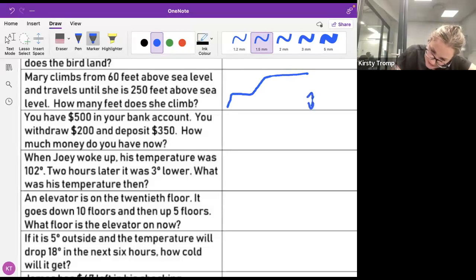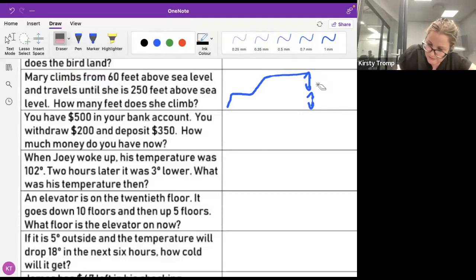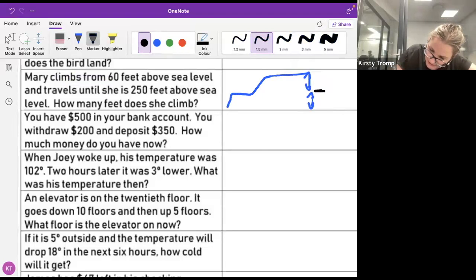From here to here is 60. And from here to here is 200. Sorry. So from, where's my eraser gone? At this point here is 60. And all the way up here is 250.